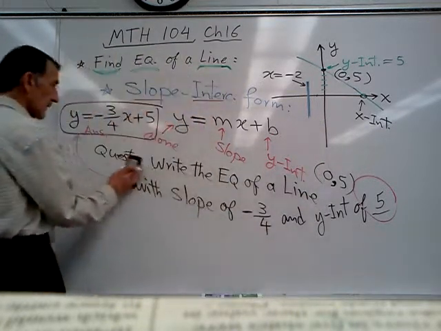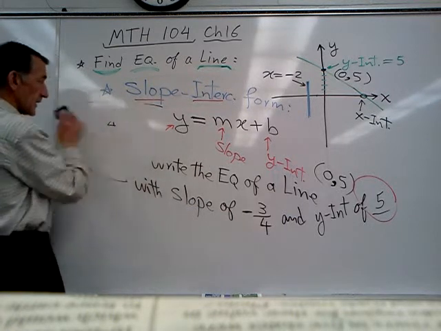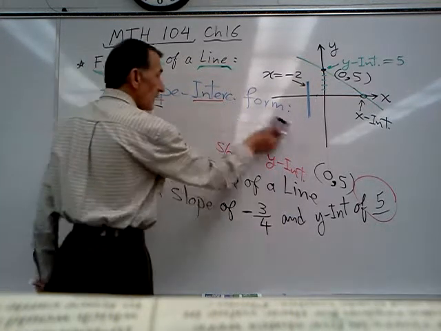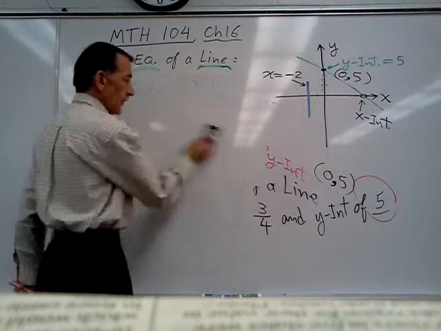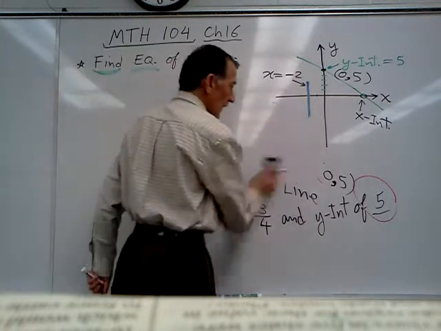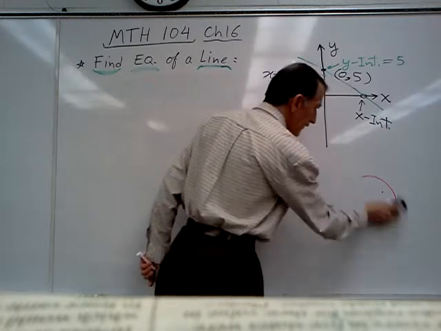Now let's go to the next question, and the next question will be a little bit hard, but we still need the slope-intercept format, and I'll show you how to do that. And also we need another format.